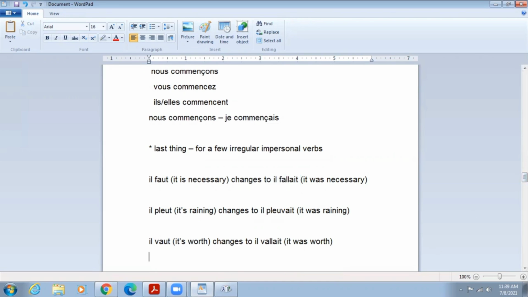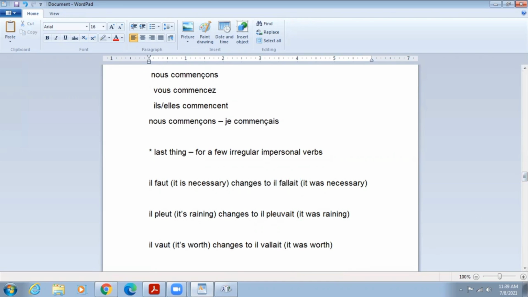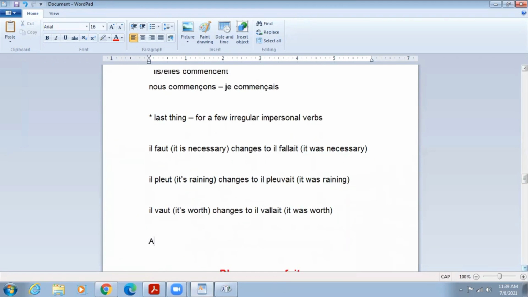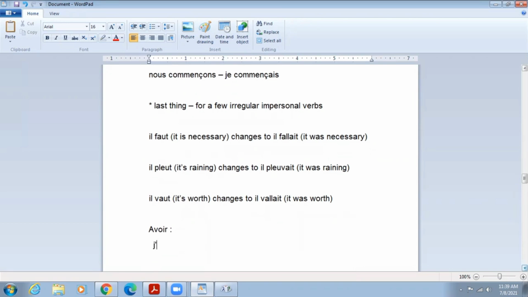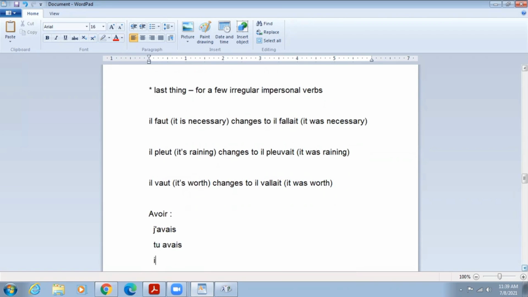And if you want to say I had, so for have we use the avoir verb, right? I won't be writing the present form. So for past, it's going to be j'avais, tu avais, and this tense is normally used for stories also.